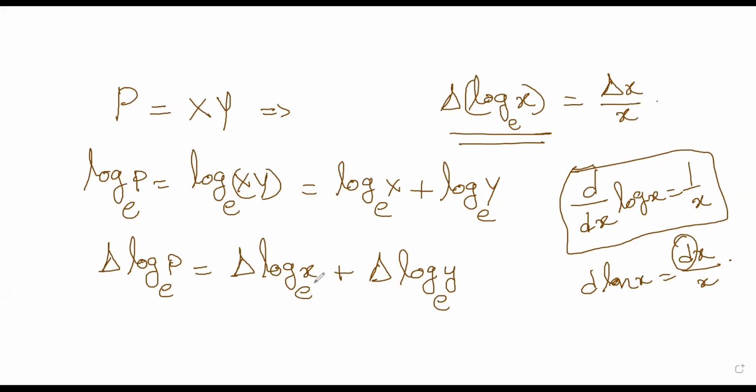So when you do this, it becomes delta p by p is equal to delta x by x plus delta y by y. So this is how you have it.